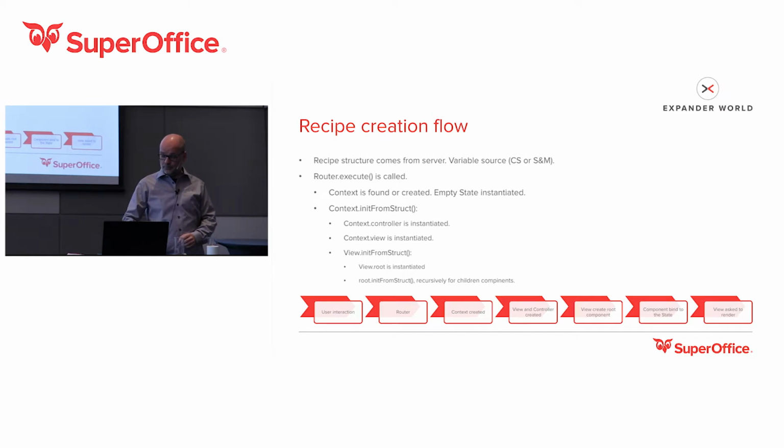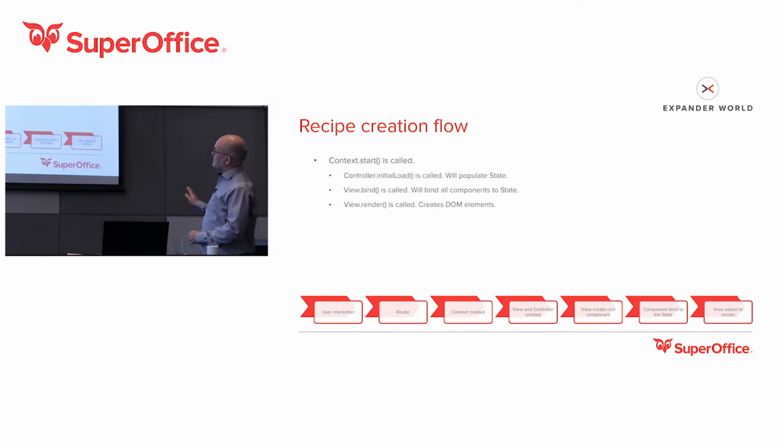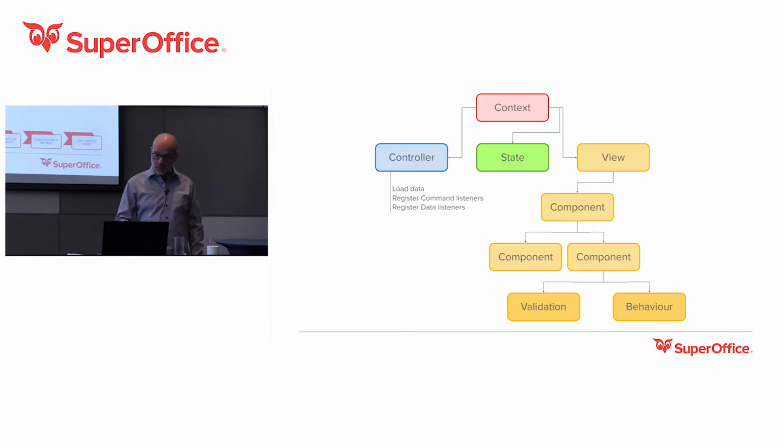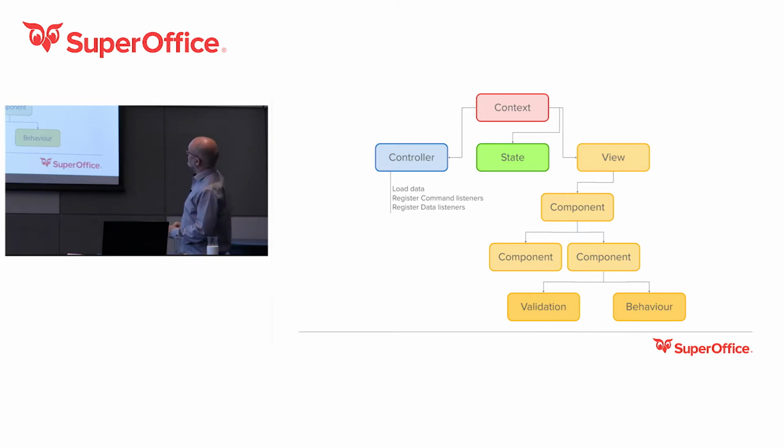Then context start is called, and then the controller will populate the state with everything it needs, and it will call bind on the view. That means all the components will be bound to that state, and then render will be called, and the magic will happen, and everything is rendered. That's how it works.